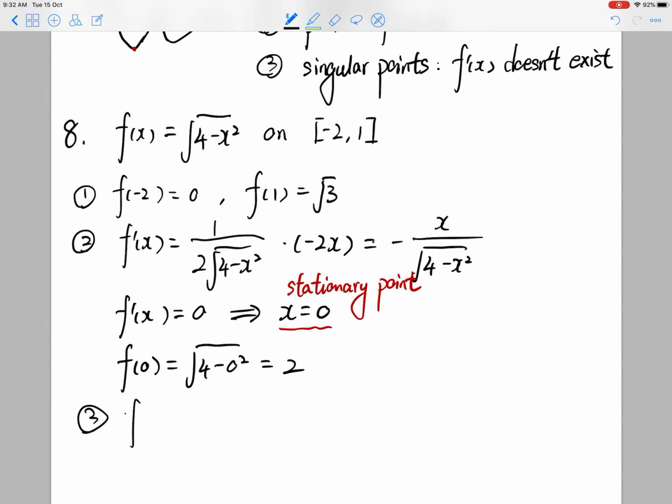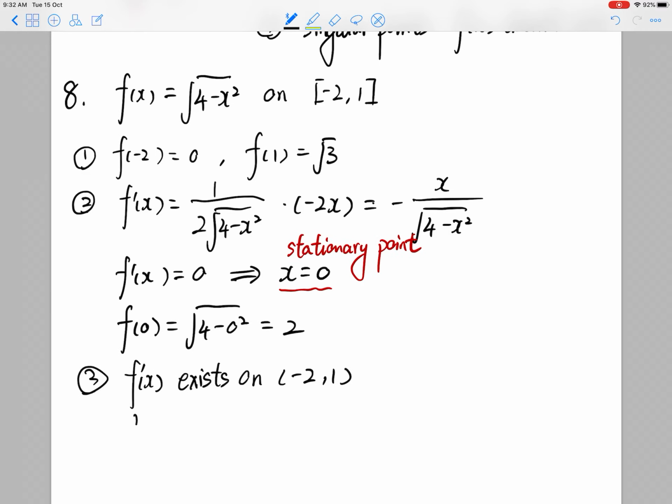So we say that the derivative of f(x) exists on the open interval from -2 to 1, so there's no singular point of f(x) on the interval -2 to 1.